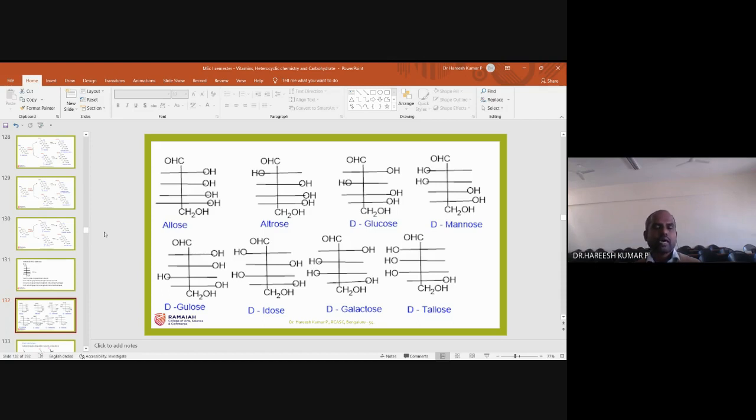Threose means hydroxy groups are on the opposite side. That is about tetrose. And regarding aldopentoses, four compounds are possible. Two compounds you are getting from erythro, two compounds you are getting from threo.